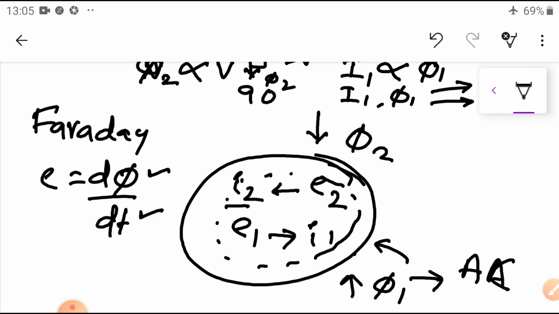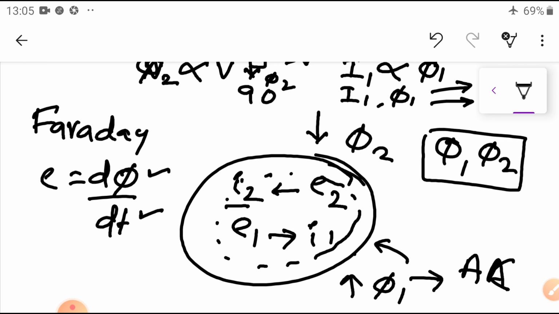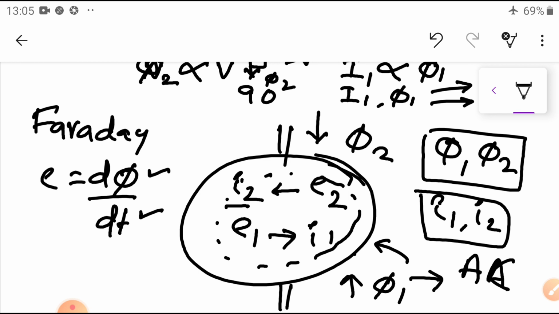Here phi 1 and phi 2 are stationary parts, whereas the flux produced by the eddy currents I1 and I2 is on the disc. It is placed on the disc. Then the disc acts as a rotor and the other acts as a stator.